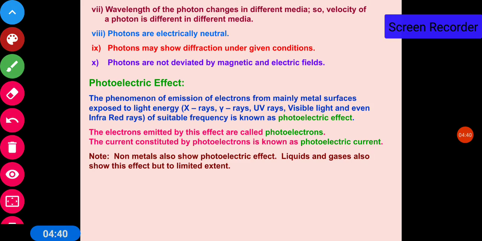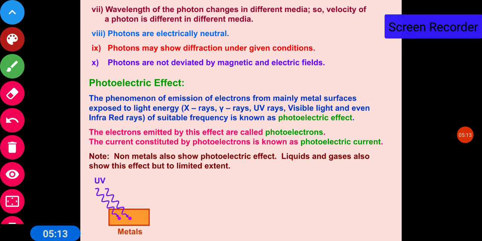Now the photoelectric effect is not only shown by the metals. No, some of the non-metals also show the photoelectric effect. Though we know that non-metals have more affinity to electrons and there are no free electrons in the outermost surface, still if the photons have such high energies they can eject the electrons from their outermost orbit. Liquids and gases also show this effect, but to a very limited extent.